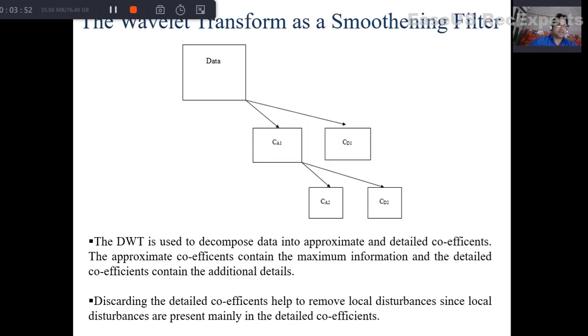The wavelet transform acts as a smoothing filter. DWT uses the decompositions, approximate coefficients and detailed coefficients. CA1 is the approximate coefficient which contains maximum information, and CD1 is the detailed coefficient which contains additional details, and DWT discards the detailed coefficients.